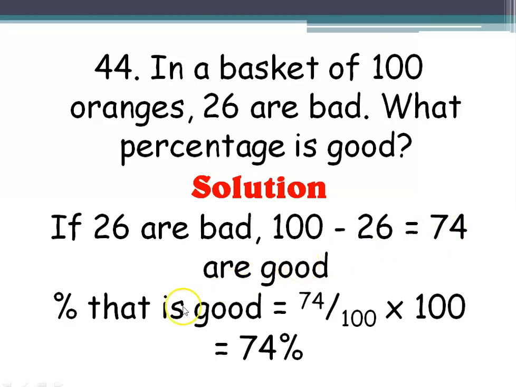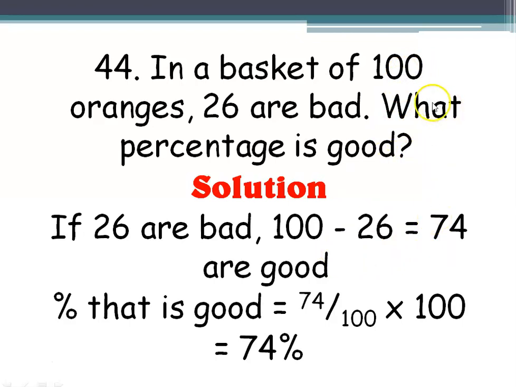Now to know the percentage that is good, I'll just say 74 divided by 100, which is the total number of oranges in the basket, multiply by 100. So my 100 will cancel out 100 and I'll be left with 74%. That means 74% is the percentage that is good. Ordinarily, since we have 100 oranges, you might not even need to go through all these things, just say 74.